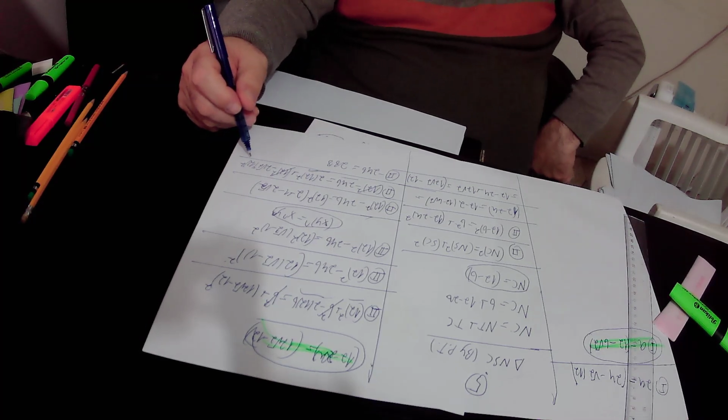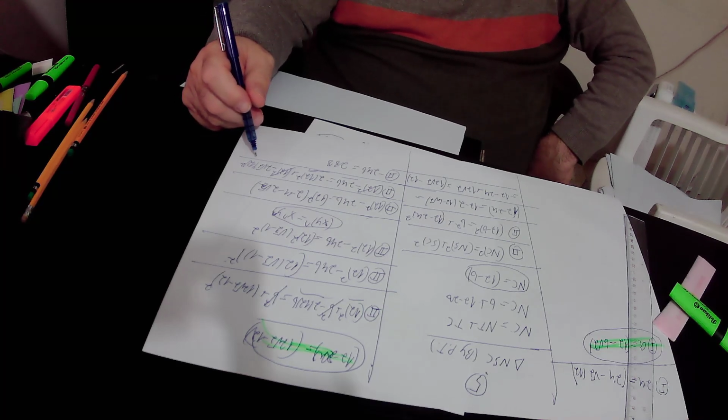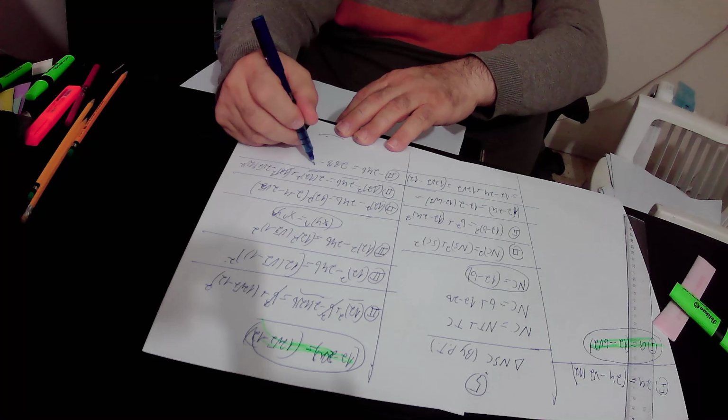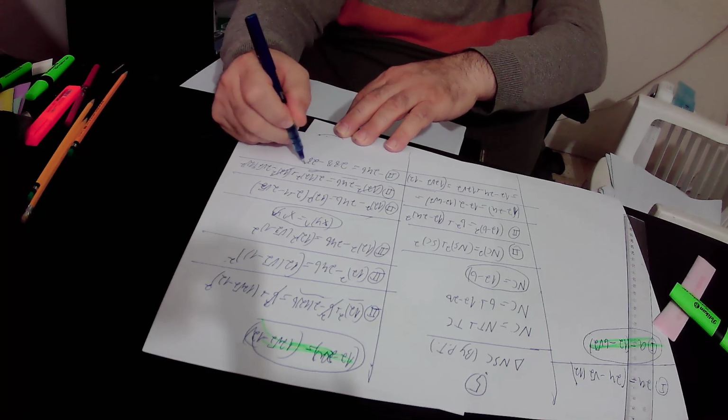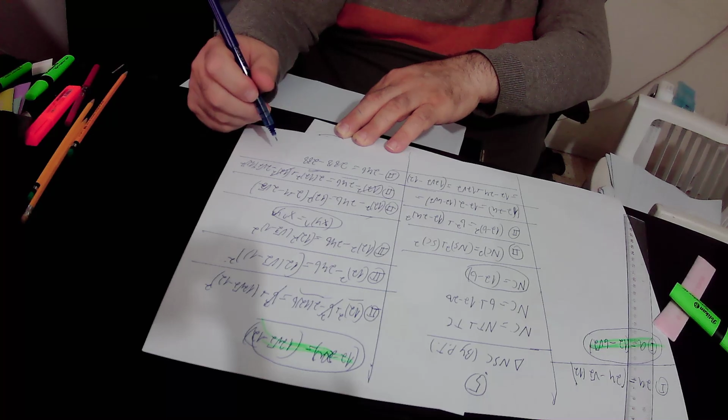Here we have 12 squared is 144. 144 times minus 2 is minus 288 times square root of 2.